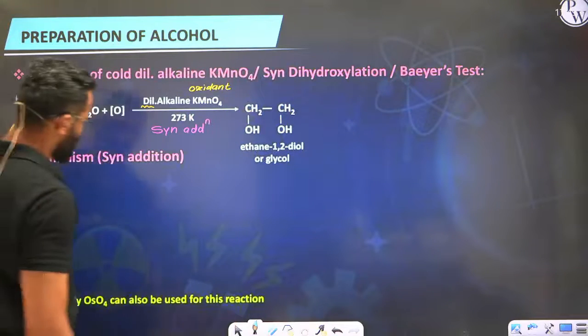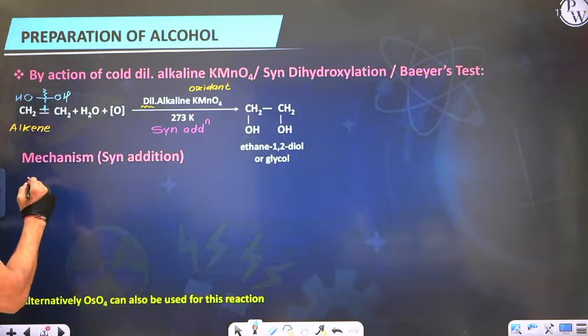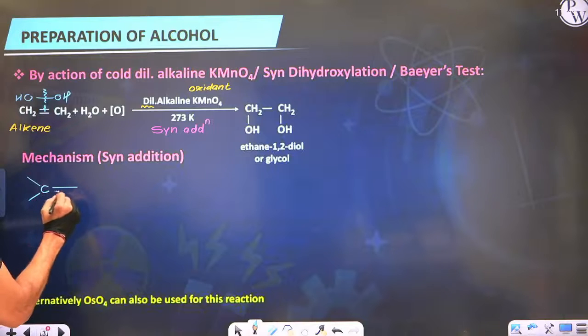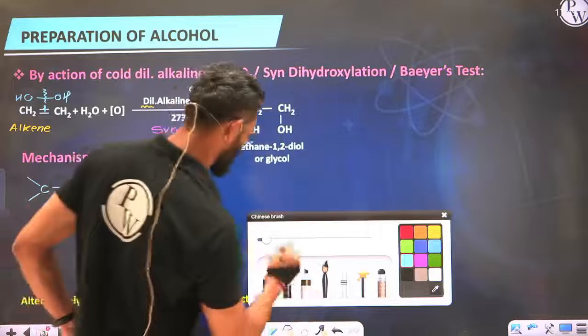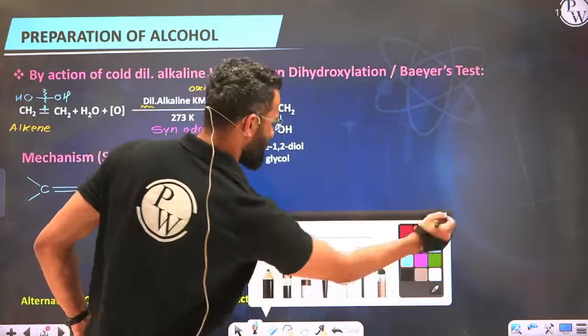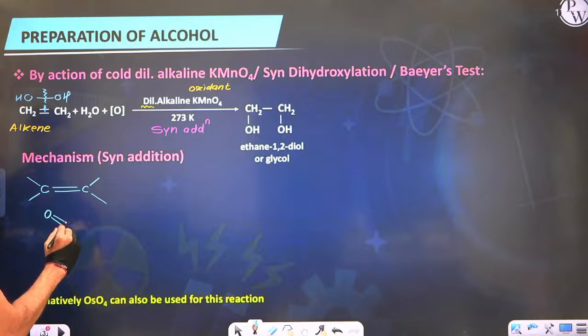Okay guys, see now what we are doing here is let's assume we have an alkene. So there is a carbon-carbon double bond, and this will be attacked by a reagent that is cold dilute KMnO4.